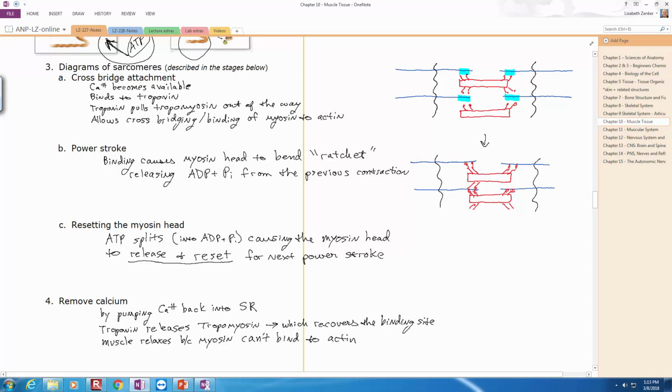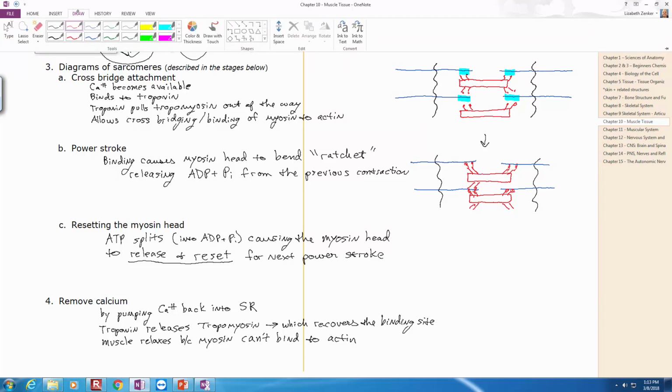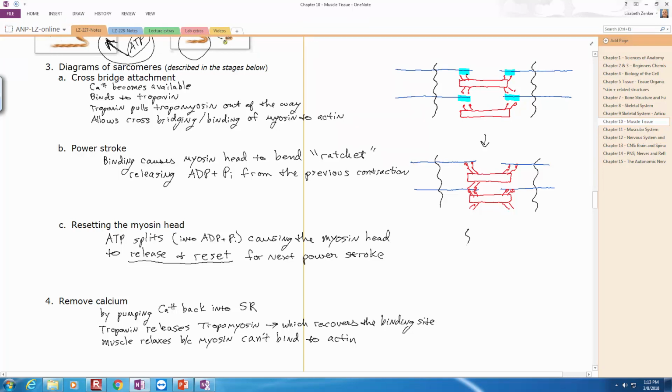And then what are they going to do when they contract? The power stroke, it's going to ratchet it in towards the center. And let's see, we do our Z disc. So our Z disc will come closer together.